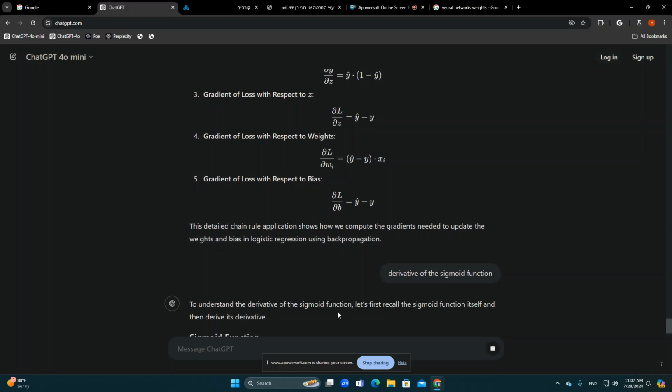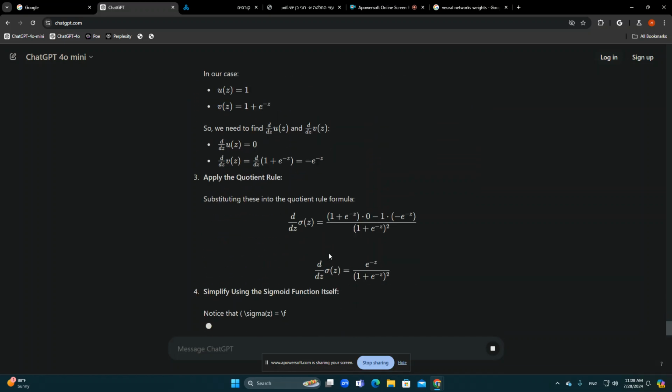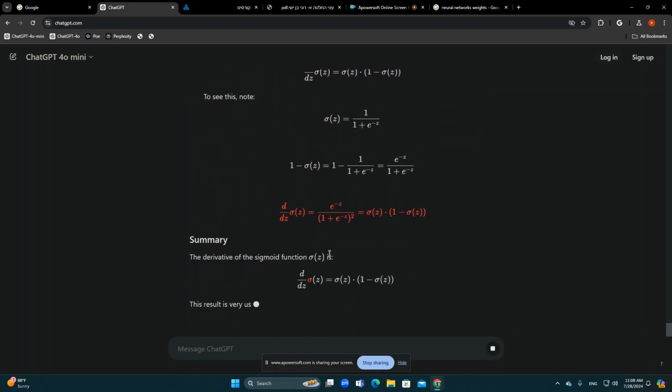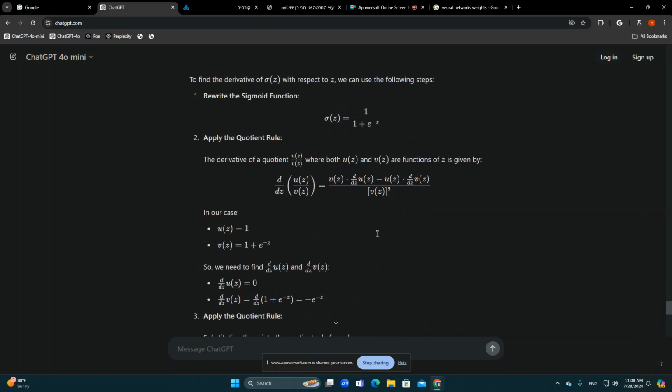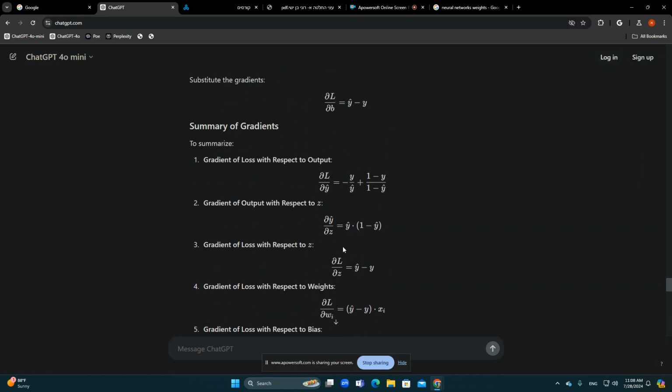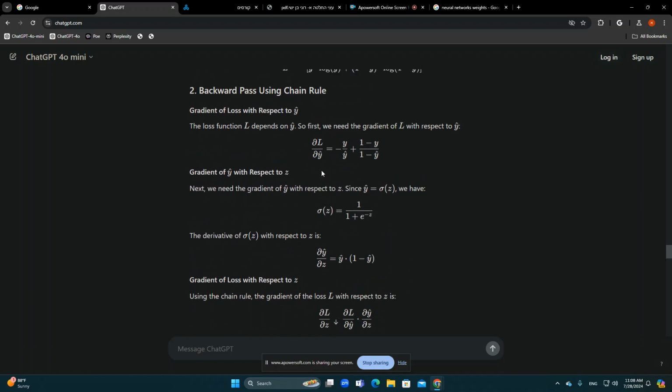You can remember this value; the derivative of the sigmoid function is very nice. It is just the sigmoid function times one minus the sigmoid function of z. This is exactly what we did here. And z is just what?